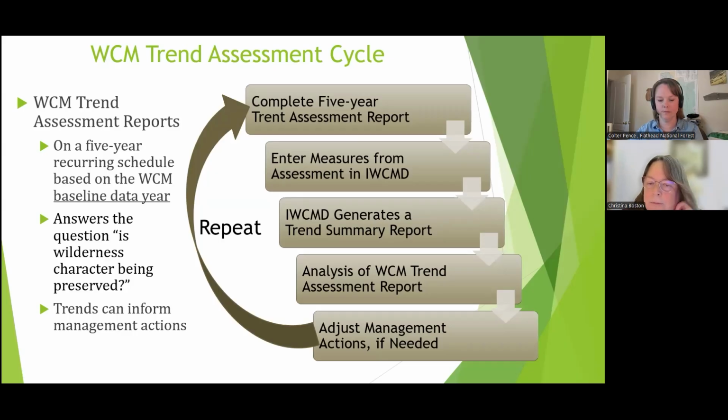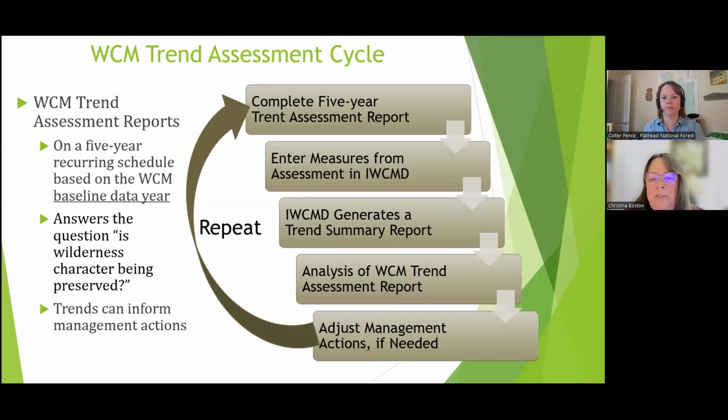We base the cycle on our baseline data year, not the year baseline assessments are completed. They aim to answer the question: is wilderness character being preserved? This whole cycle and the trend assessments are what we're really trying to get at. Is wilderness character stable, improving, or degrading?